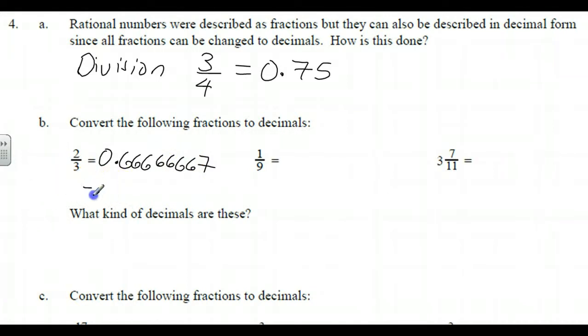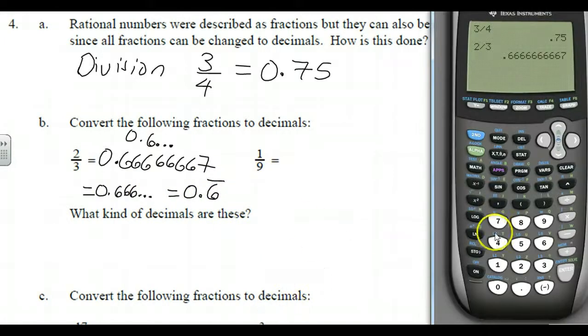So really, it's 0.666..., showing the pattern repeats, or more properly, 0.6 with a bar over the repeating part, and this just says the 6 goes on forever. You also could have done 0.6... just showing that that goes on. But I always like to put a few, right? Let's just see what the pattern is, and then we can see it's going on, or when you see the bar.